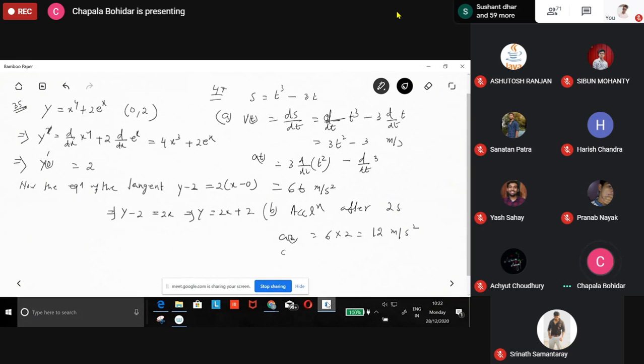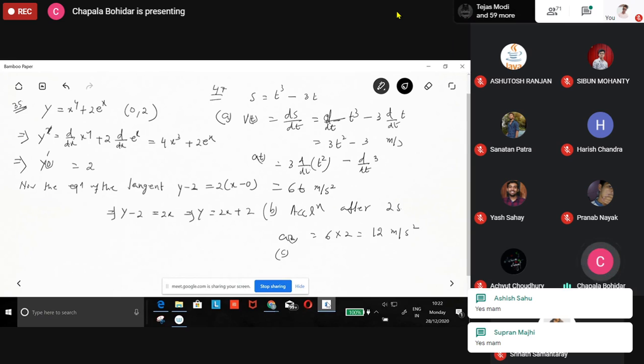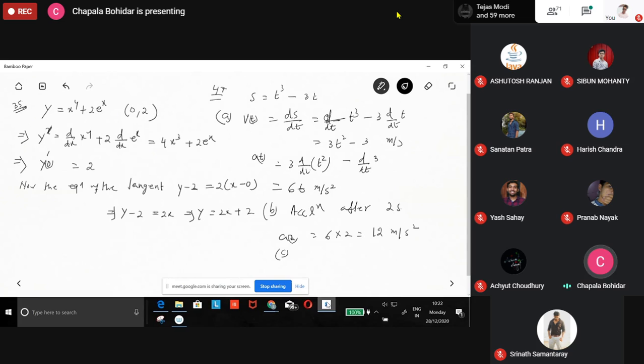Then see. When velocity is equal to 0, what is the acceleration? When velocity is equal to 0, it means v(t) is equal to 3t square minus 3 equal to 0. So what is the value of t? t is equal to plus minus 1, but we consider t is equal to 1.